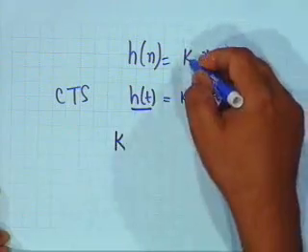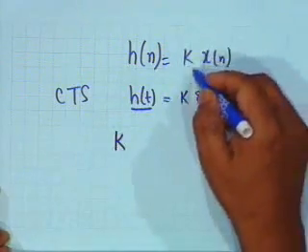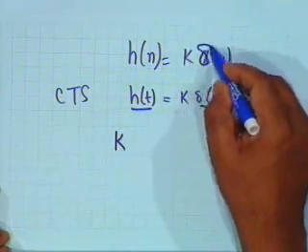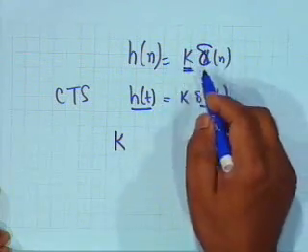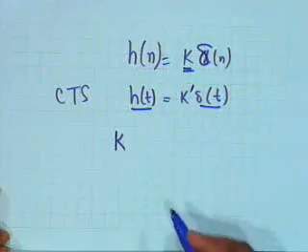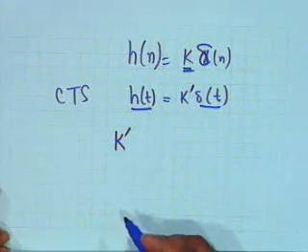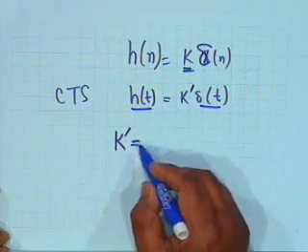In the previous case, we characterized k times delta n, I'm sorry, I made a mistake here. In the previous case, we characterized k as h of 0. What is k here? Let's call this k prime. What is k prime here? It must be, that is right.